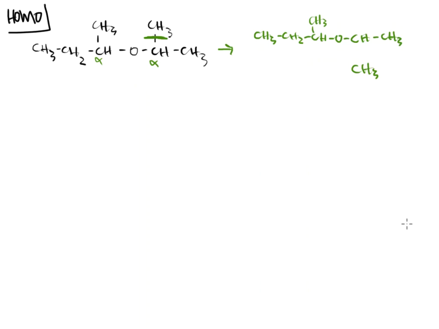When that bond breaks, the same type of deal happens that we saw in homolytic cleavage for my bromine and my chlorine. What that means is that the electrons in this bond will migrate inward. And what we would end up seeing is a double bond that gets formed because that oxygen's electronegative. It's electron greedy, right? Remember that.